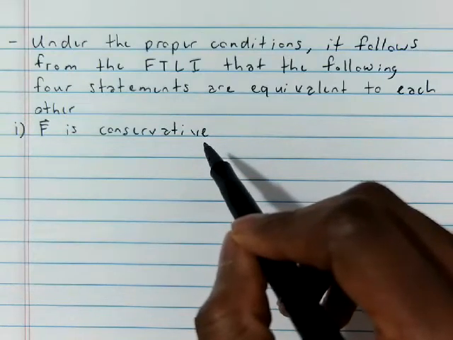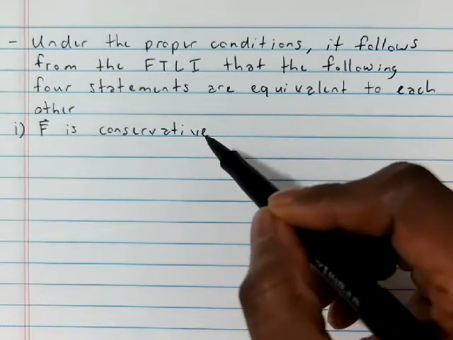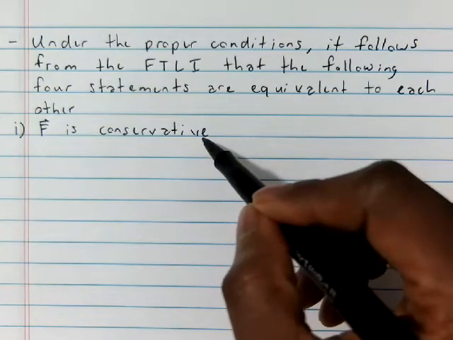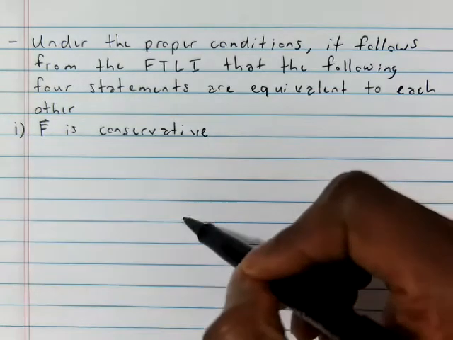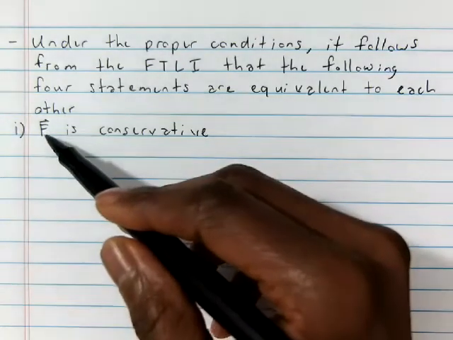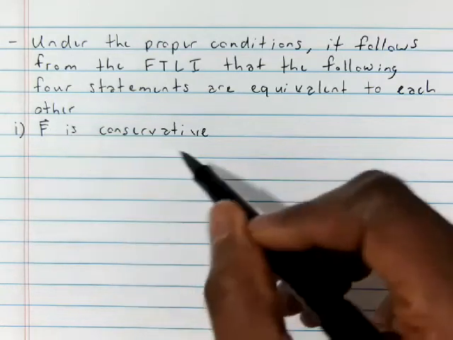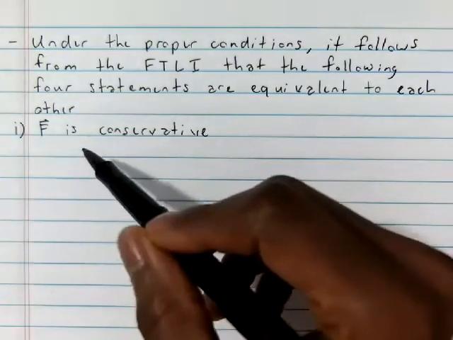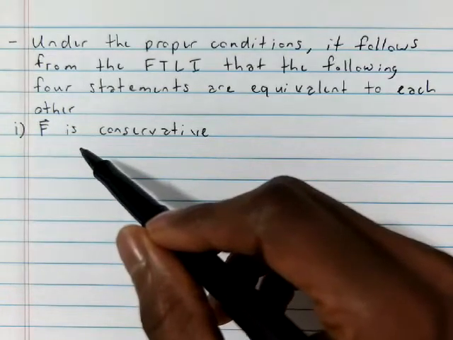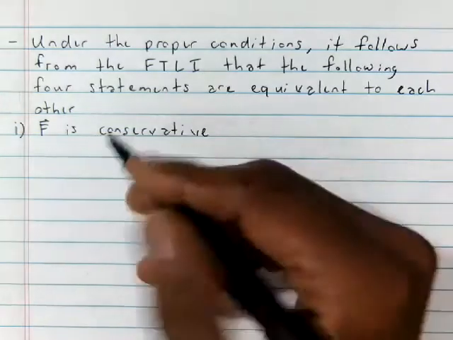That's what we look at a lot when we're trying to figure out if a vector field is conservative, and that's going to be one of the things in this list. But to be conservative just means that the vector field F is equal to the gradient of some scalar function f. So that's what this means by definition. But it is equivalent to the curl of F being equal to the 0 vector under those conditions.